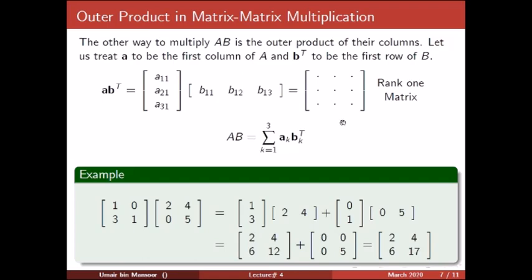So this matrix that is being generated as an outer product of the column of A and the row of B is also called a rank 1 matrix. Now, why is it called a rank 1 matrix? As you remember, a rank 1 matrix is a matrix that has a single independent column.